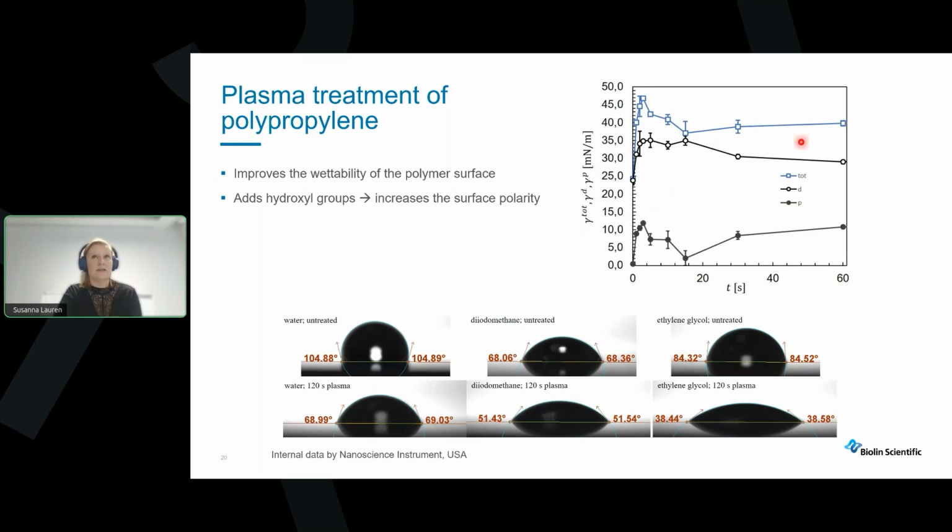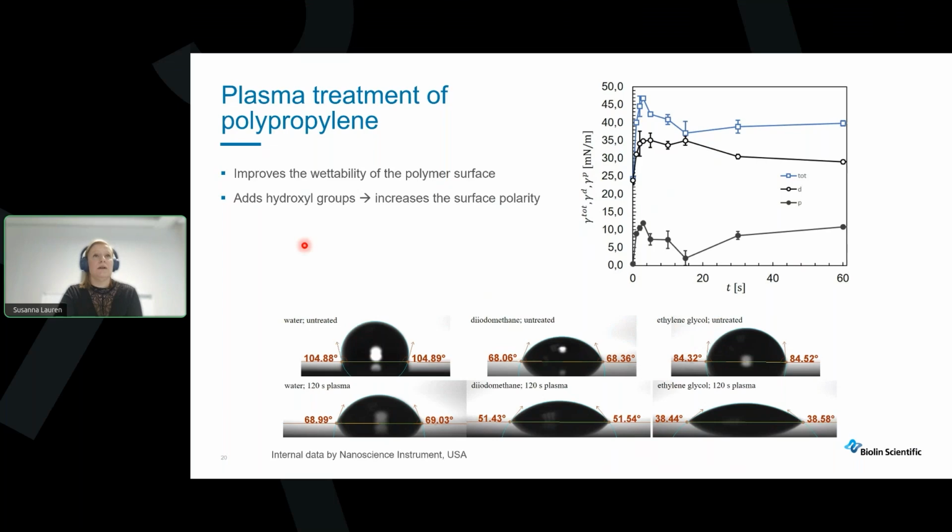In this case, you can see the total surface free energy, the dispersive and the polar parts. And here, if we take a look at these pictures, you can see the water contact angle on untreated and plasma treated surface, and the same for diiodomethane and ethylene glycol.